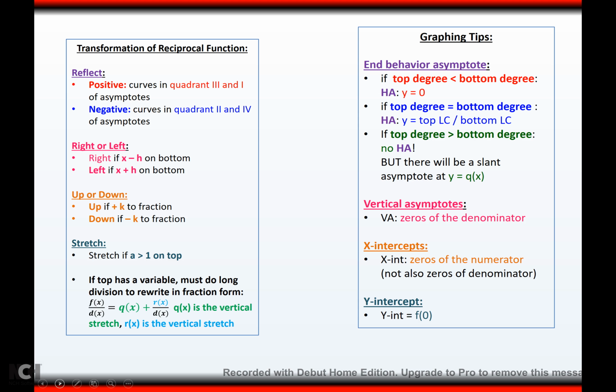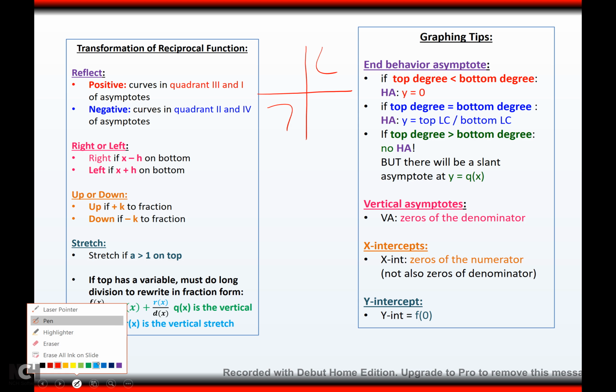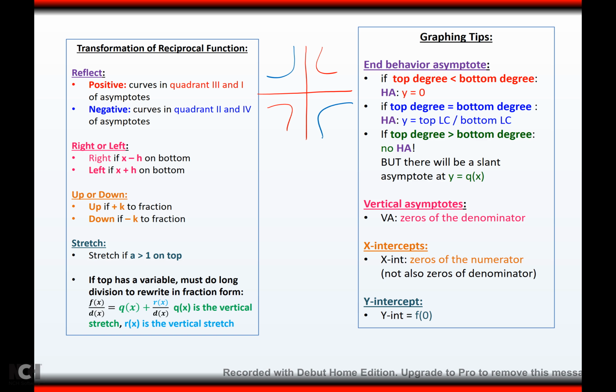So, some transformations, okay? Reflections, if it's a positive, it's going to curve in quadrants 3 and 1. So it'll be here and here. If it's negative, then it's going to curve in quadrants 2 and 4. Okay, it's going to shift right or left if you look at the denominator. If you're adding or subtracting something from x on the bottom, then it's going to shift it right or left.